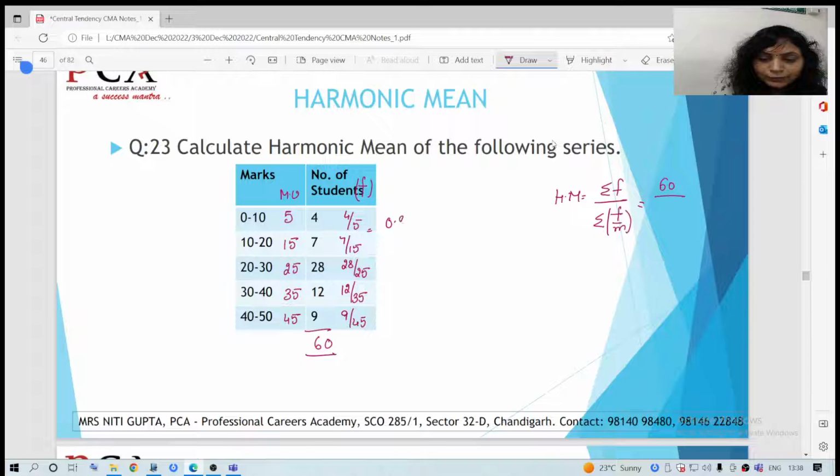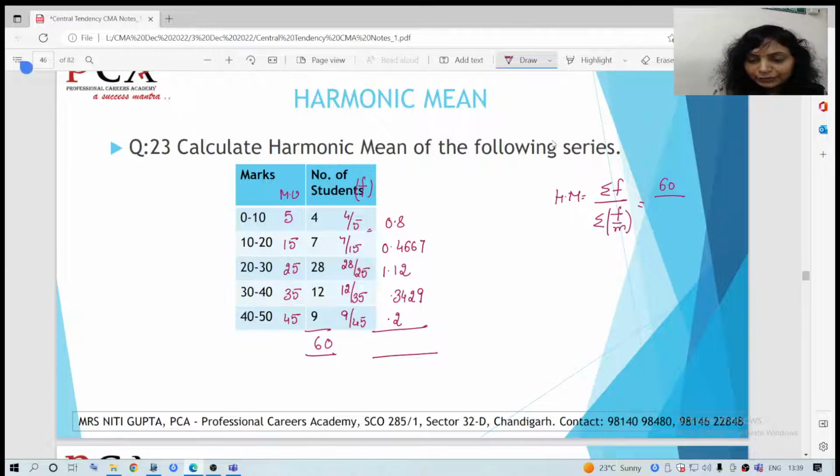So this is 0.8, 7 divided by 15, this is 0.4667, 28 divided by 25, this is 1.12, 12 divided by 35, this is 0.3429 and 9 divided by 45, this is 0.2.